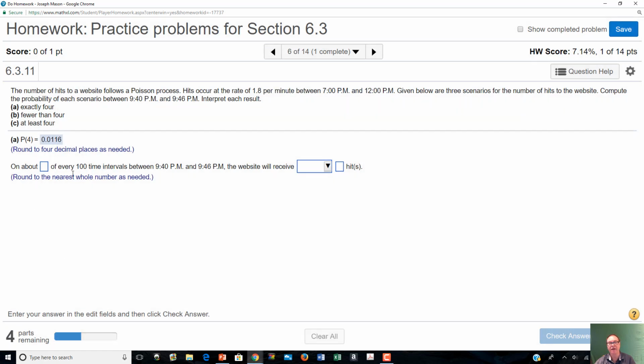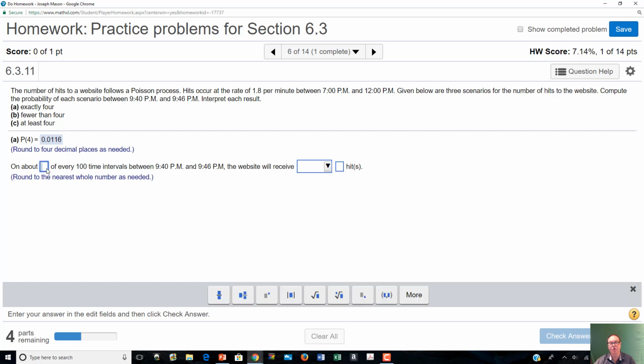Now, the next part, it asks you a question. On about blank of every 100 time intervals between 9:40 and 9:46, the website will receive blank blank hits. Okay, what we're going to do here, this first square, you notice it says round to the nearest whole number is needed. That's going to be important. You're going to take 100 times the probability.